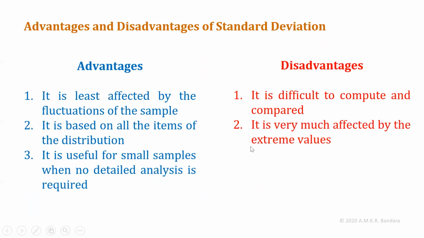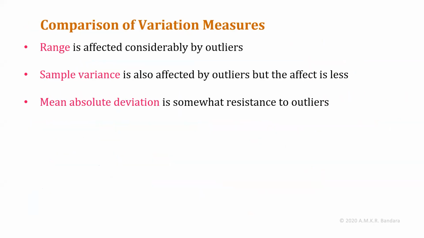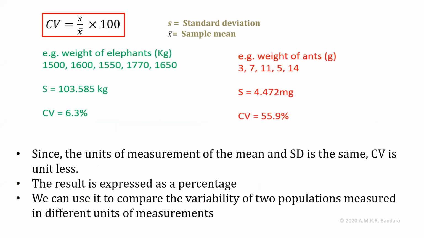One disadvantage of variance and standard deviation is we cannot use them to compare the variability of two populations. I will give you an example here. We have two data sets, from elephants and from ants.